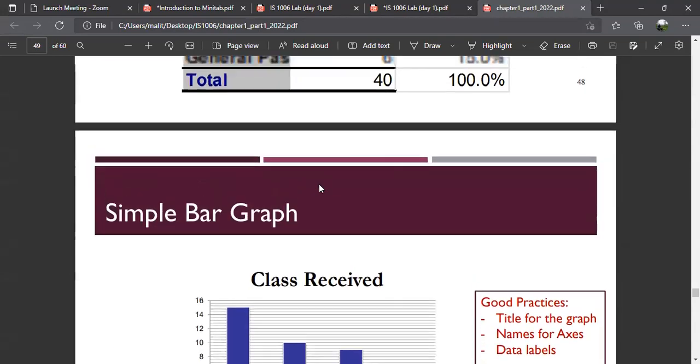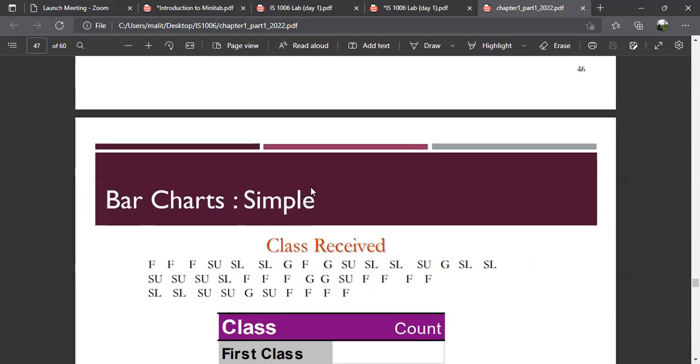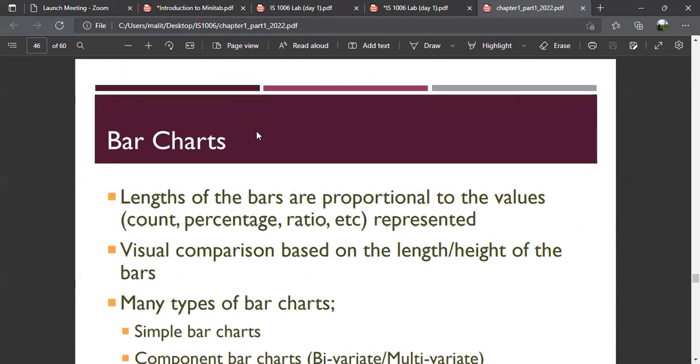This is the madam's note. I'm going to explain the bar charts here. I hope madam also went through those slides. Give me a second, please.